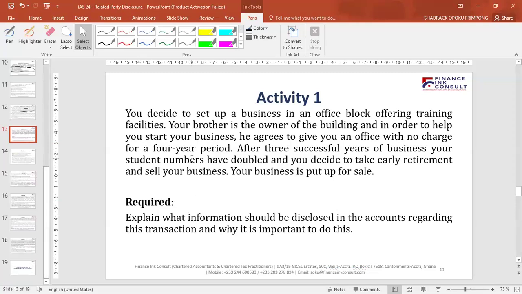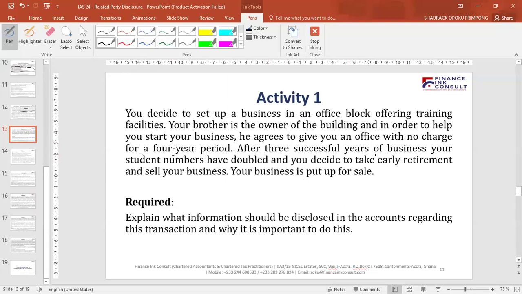You decided to set up a business in an office block offering training facilities. Your brother is the owner of the building, and in order to help you start your business, he agrees to give you an office with no charge for a 4-year period.